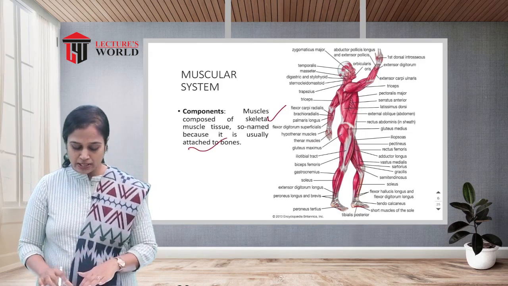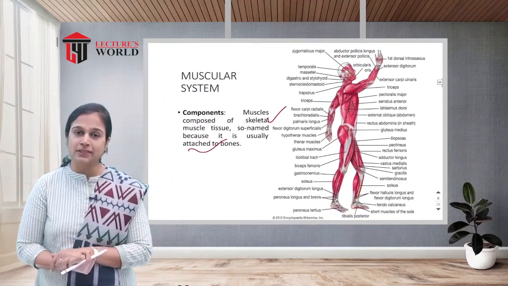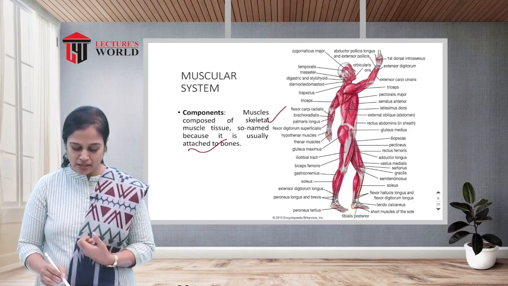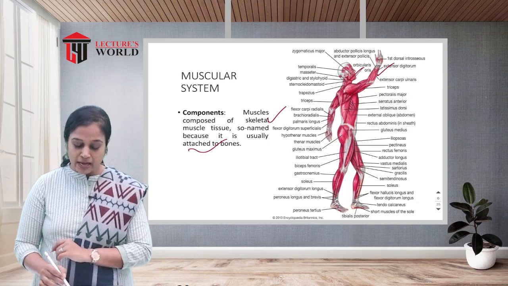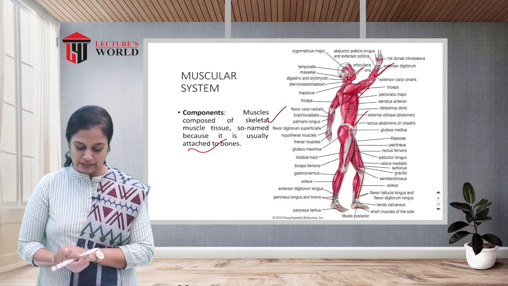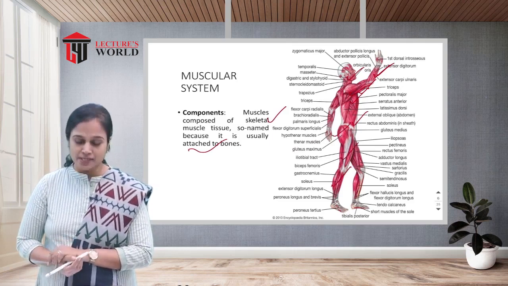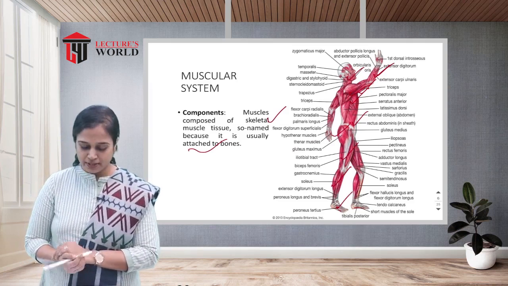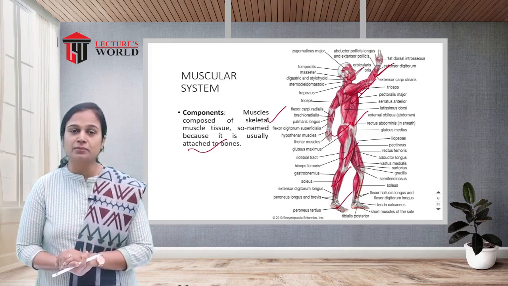As you can see in the image, there are numerous muscles associated with flexion, muscles associated with extension, neck muscles, arm muscles, forearm muscles, chest muscles, abdominal muscles, gluteal muscles, these are the thigh muscles, these are the calf muscles, and ligaments are also associated. So ligaments and tendons we are also going to learn in the musculoskeletal system.